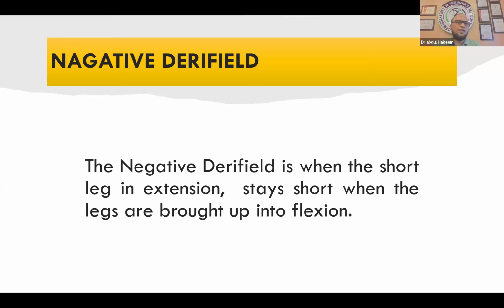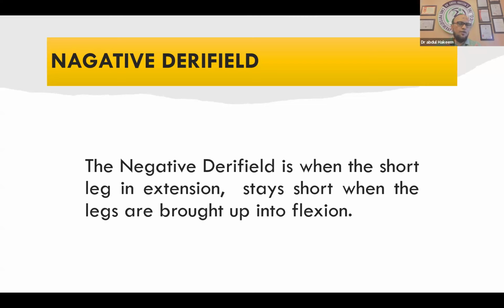In the Thompson Derifield technique, we always test the extended leg and the flexed leg. During extension, if the legs are equal, we take the legs into flexion, always about 90 degrees or more than 90 degrees. It should not be below 90 degrees.